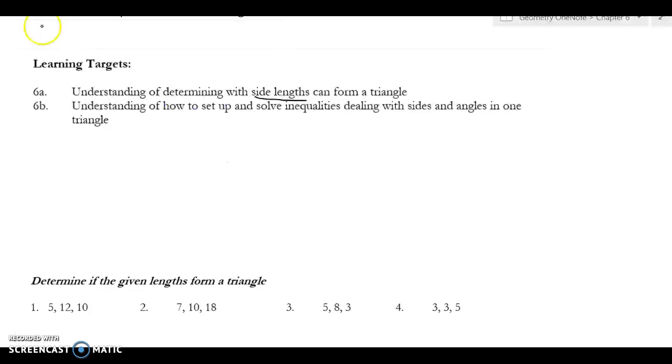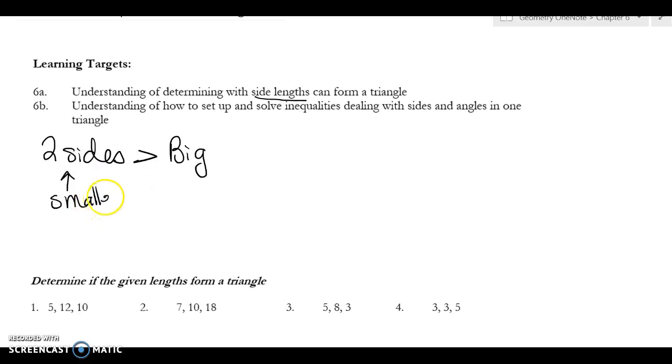It's really any side. So usually what we'll do is we'll pick our two smallest numbers and add them together, and they have to be bigger. They can't be equal, because remember, if they were equal, they formed a straight line. They wouldn't go up and form a triangle.